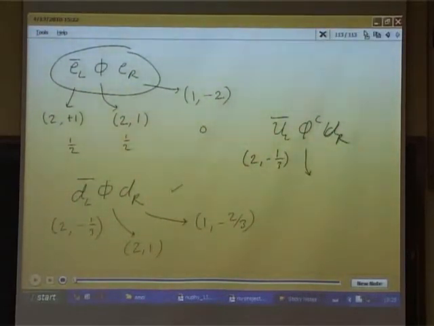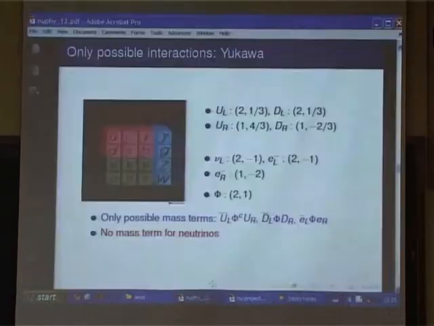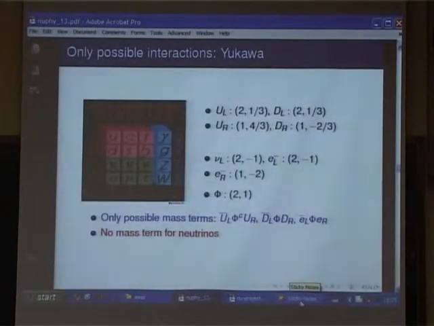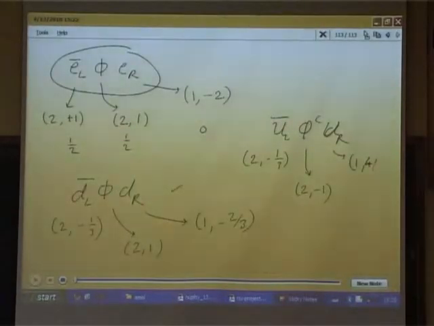Phi conjugate is the complex conjugate of phi, up to SU(2) rotations; anyway, this is (2, minus 1). And U_R is (1, 4/3). So Y matches and the spins can match. Therefore I can write down these statements.